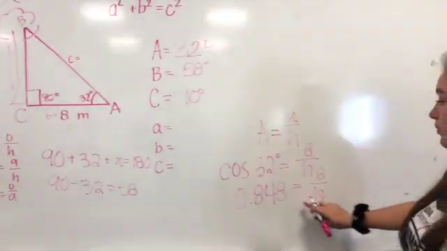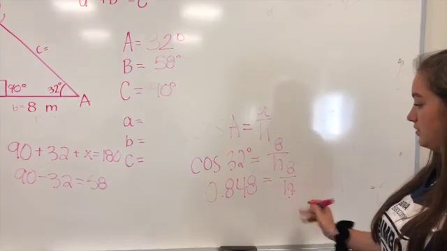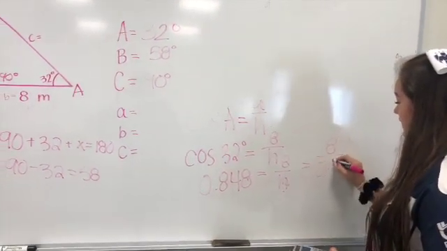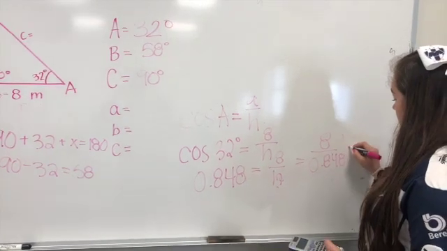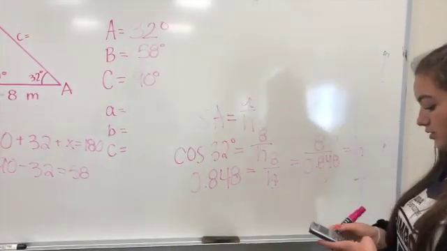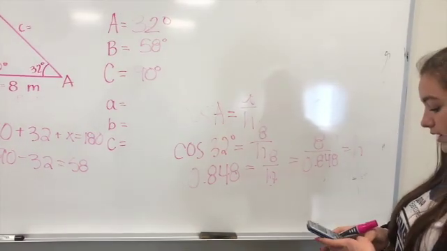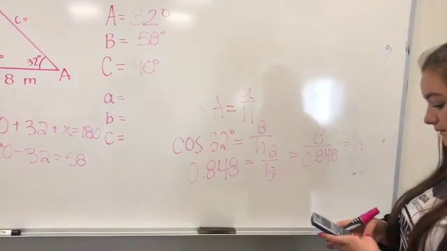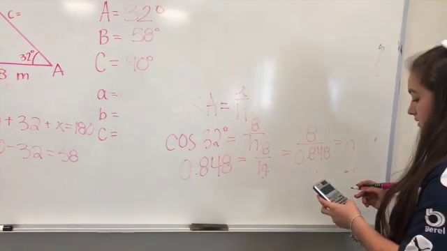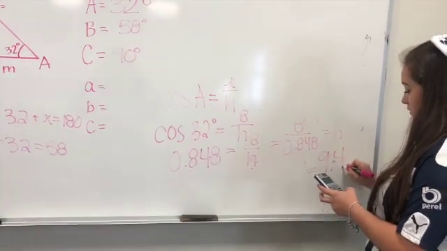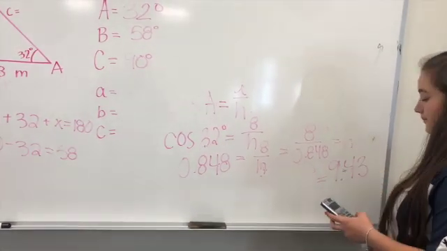So to do this, we have to rearrange these numbers. It's going to be 8 over 0.848 equals the hypotenuse. We plug it in, and it gives us 9.43.